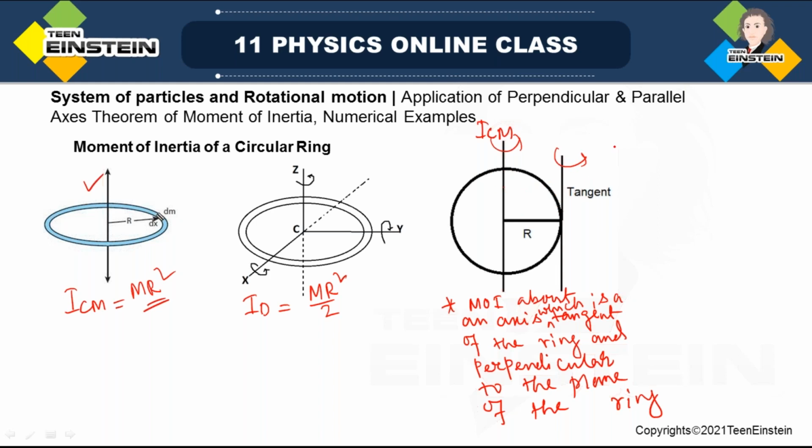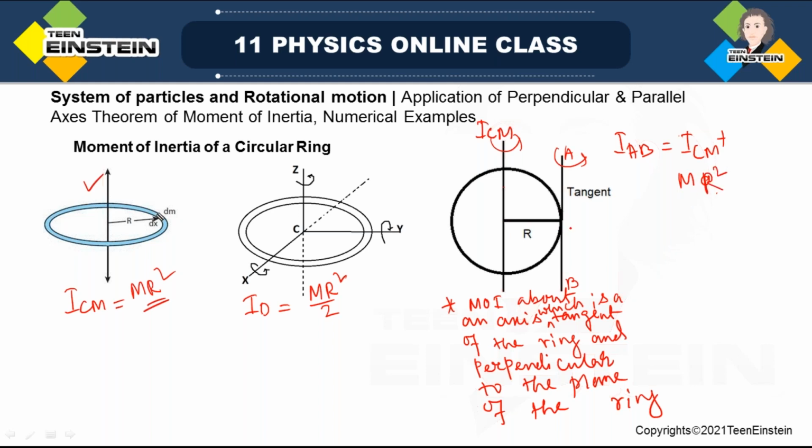Suppose this is AB, the tangent is AB. So I can get moment of inertia about AB applying the parallel axis theorem. So this is ICM plus m into the square of the distance between the two axes, which is r.